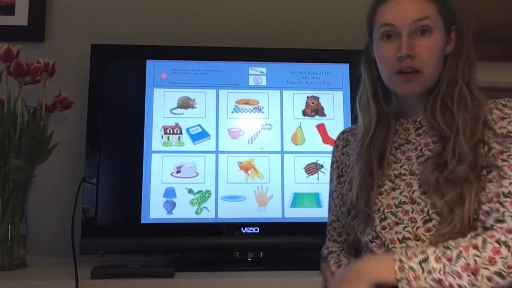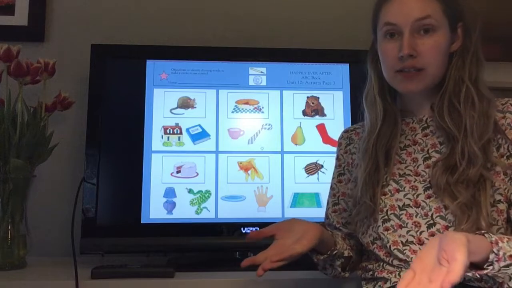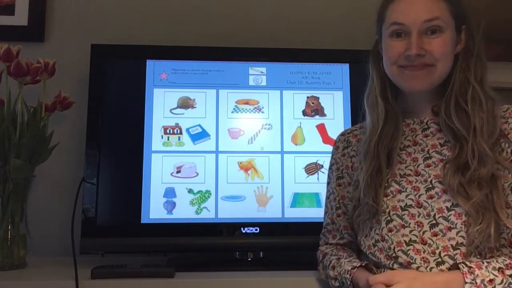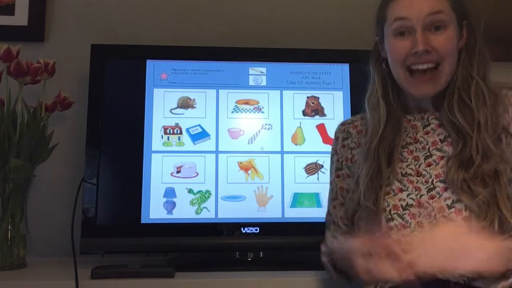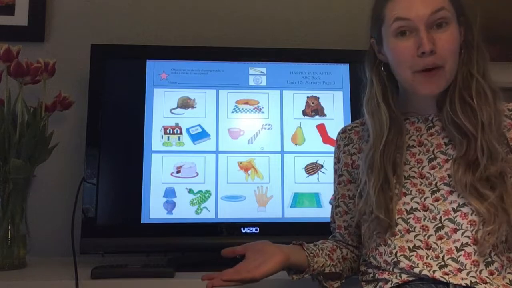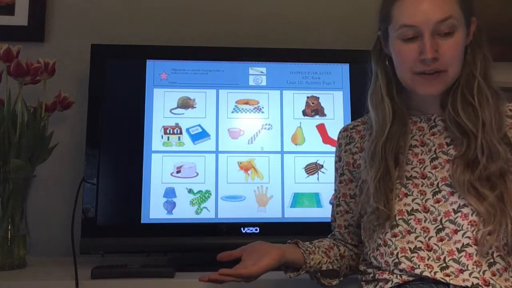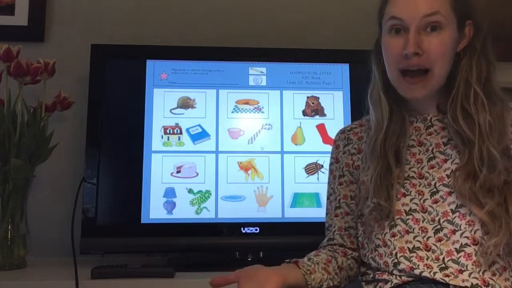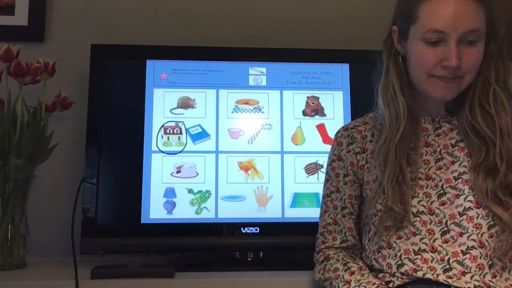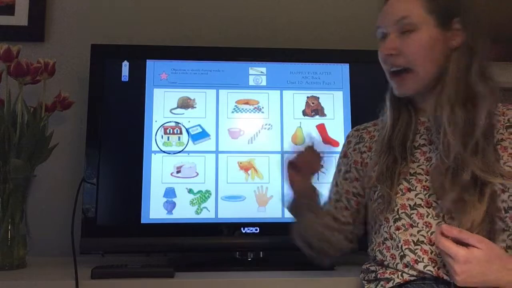Book. Which one makes the ouse sound at the end and rhymes with mouse? House. House, mouse. They rhyme. They both end in the ouse sound. So I'm going to circle my house. So go ahead and circle your house.